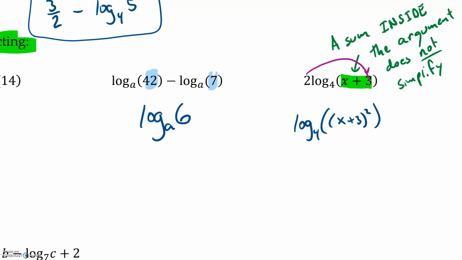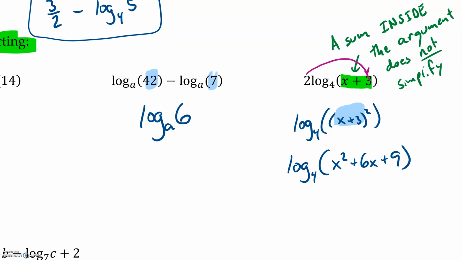So I can actually multiply this out. And so, maybe just for fun, let's do that. So log base 4 of x squared plus 6x plus 9 is what that would become. Whether that's simpler or not, I don't know. That's a point that could be argued, perhaps.